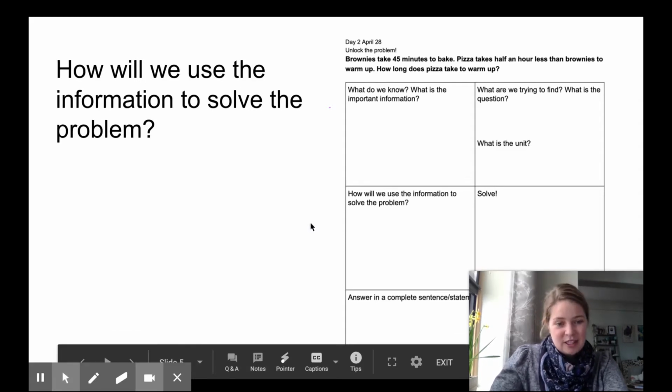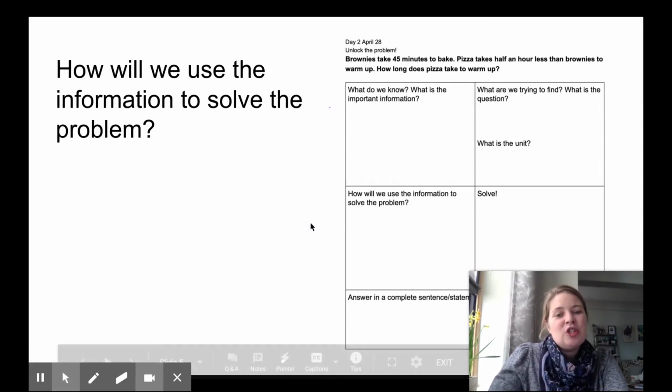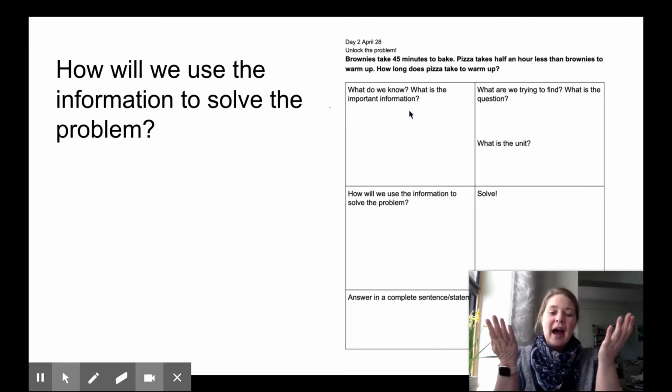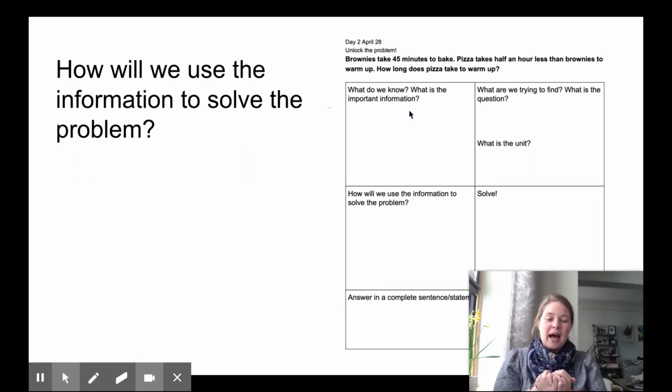Now we're going to use this information to solve the problem. So we know that brownies take 45 minutes to bake and pizza takes half an hour less. So how can we solve this problem? What operation can we use? Well, you could count on a clock. That's one strategy. You could also subtract.